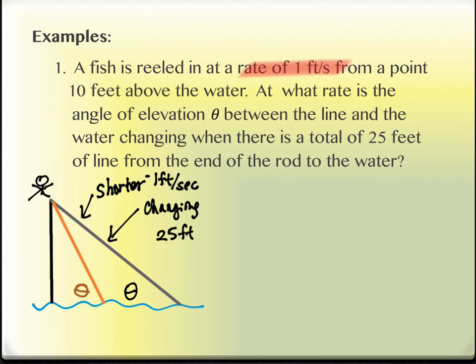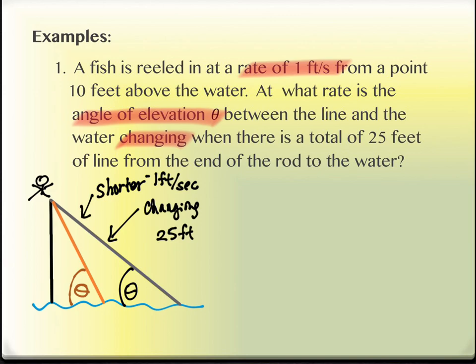Can you see that the angle is larger from the gray angle, or black, whatever it was, to my orange angle? The angle is a bigger angle than it was before, right? This measurement right here is bigger than this measurement right here. So the angle is also changing, and that's what it's asking me to find. It says, at what rate is the angle of elevation changing? Those are the phrases up there.